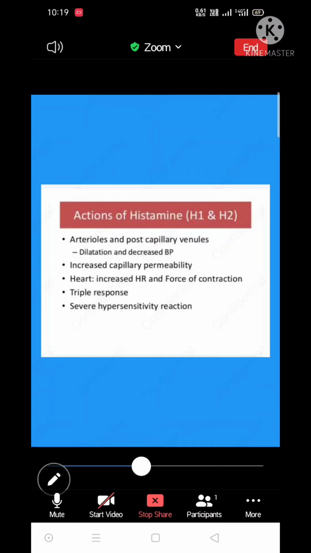Second, increased capillary permeability. Third, heart: increased heart rate and force of contraction. Then triple response. Fourth one, severe hypersensitivity reactions.